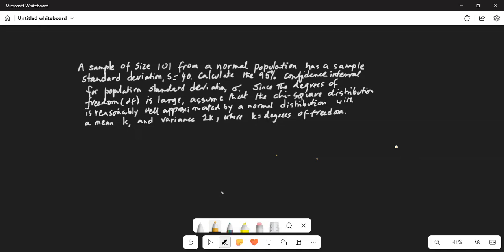Calculate the 95% confidence interval for population standard deviation sigma. Since the degrees of freedom is large, assume that the chi-square distribution is reasonably well approximated by a normal distribution with a mean k and variance 2k, where k is equal to degrees of freedom. So, solution.